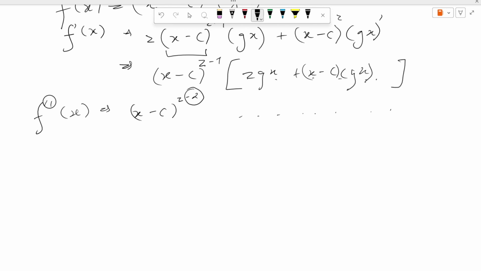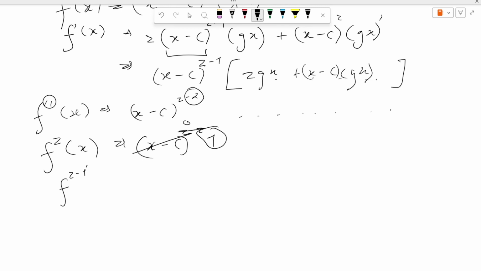We notice that when we differentiate it a times, it is not going to be a factor anymore, because x minus c to the a minus a will be 0, and it will become 1. So it will only be a factor until the a minus 1th derivative. It will only be a factor until this term.